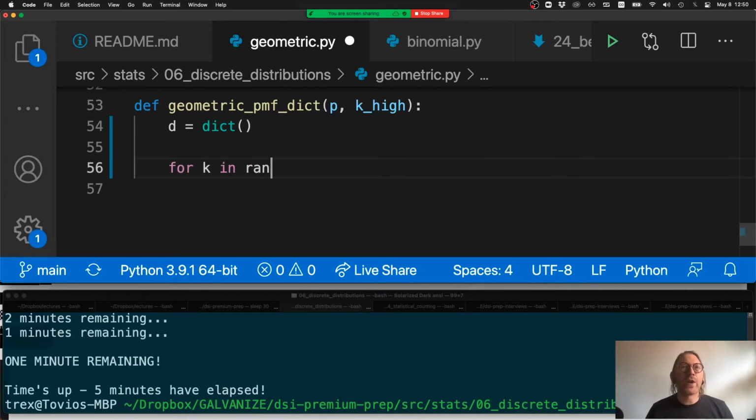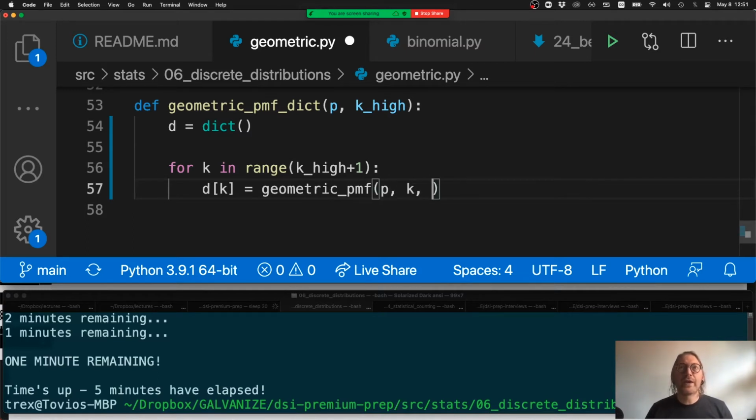For k in range, k high plus 1, okay? And then we'll say d sub k is going to get the geometric Pmf, p, k, and inclusive.